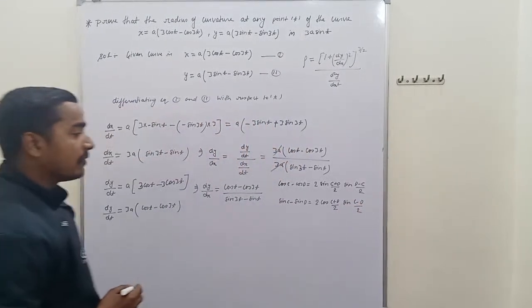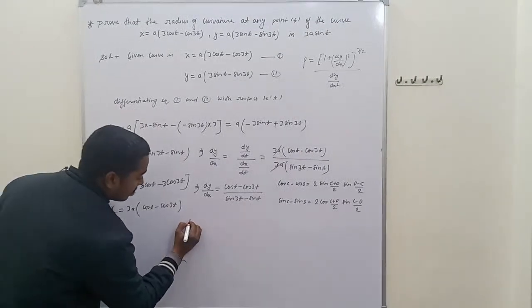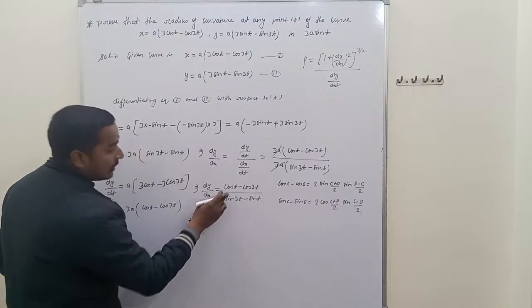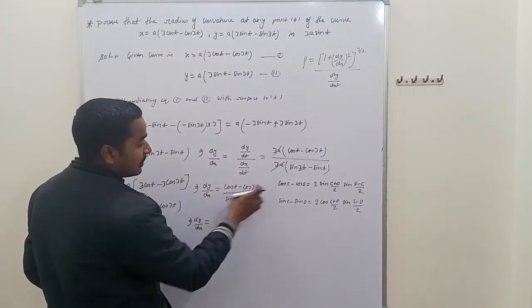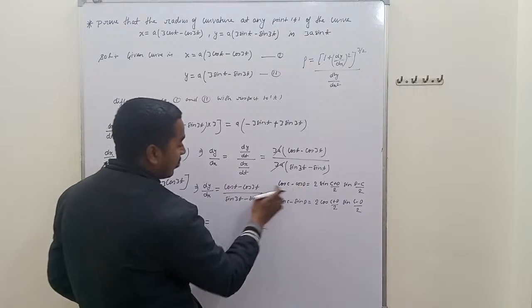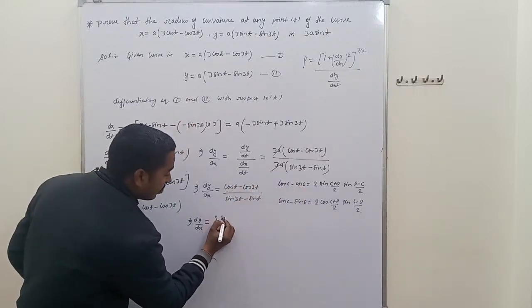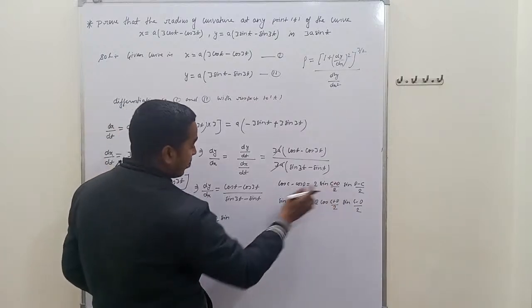Further we have to use the formula here. This is given by dy upon dx is equal to, here in place of c is t and in place of d we have 3t. So we have to write 2 sin (c plus d) here.